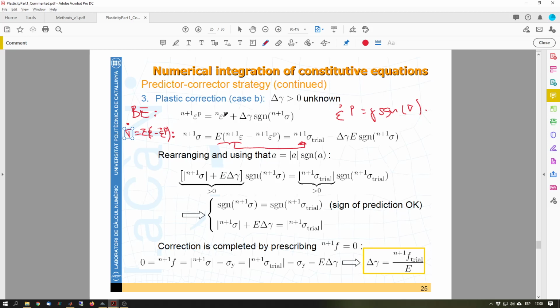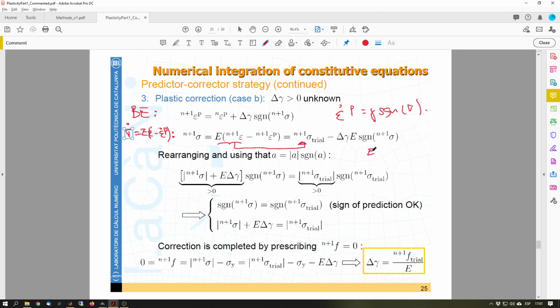But including this epsilon n plus 1 p that we have here, it's equal to our epsilon n p that we had. This is equal to the trial minus... I'm skipping one step here.